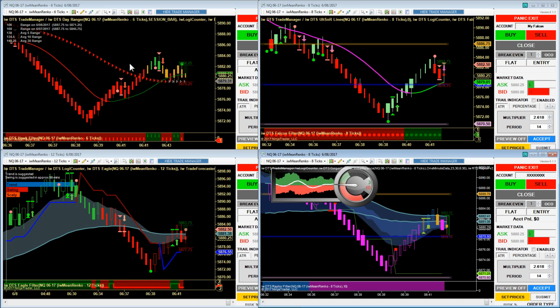The hawk, being a little bit of a faster tool, has already produced that sell signal with the green bar sell. So you could already be short on the hawk.